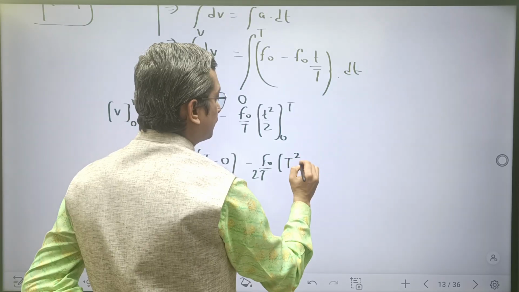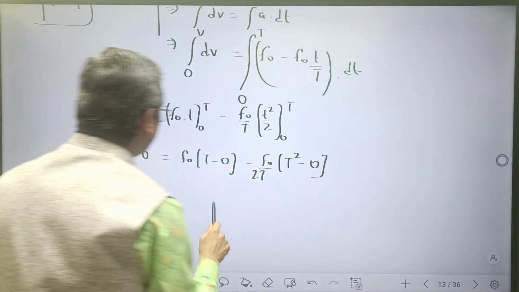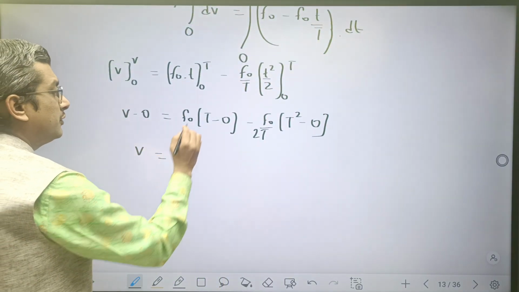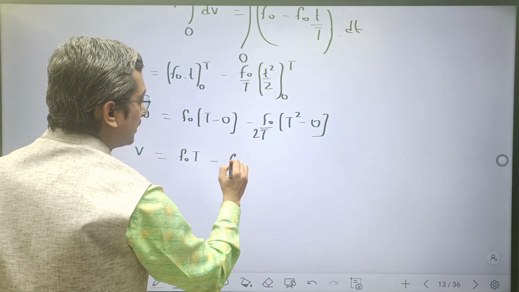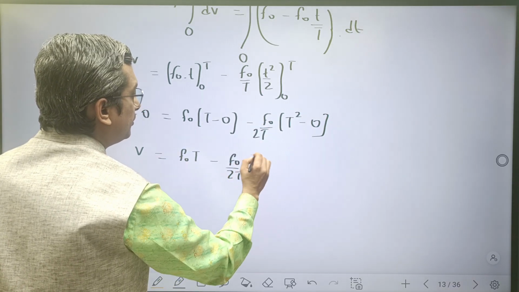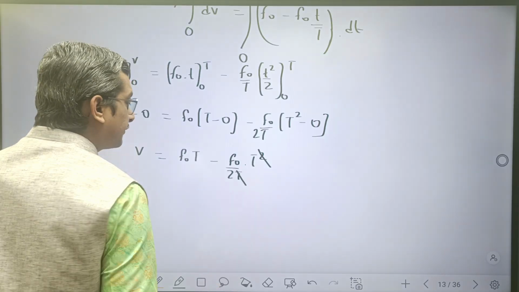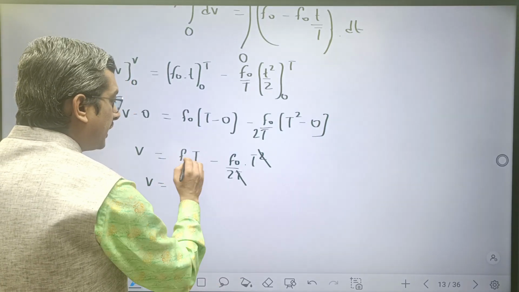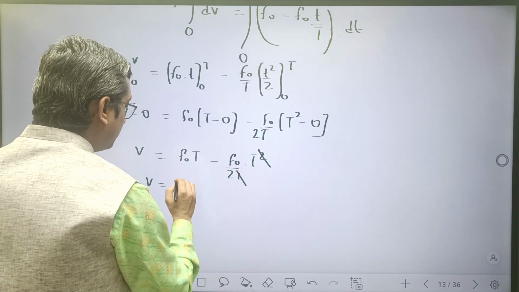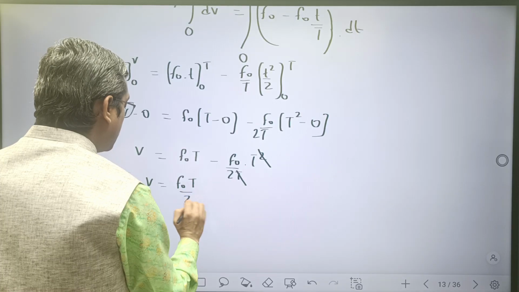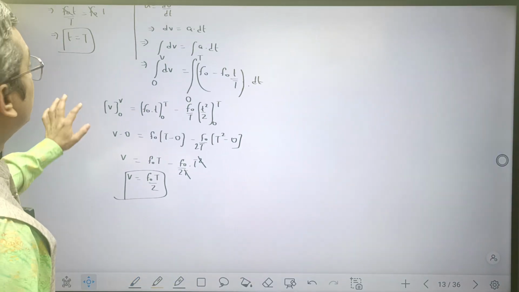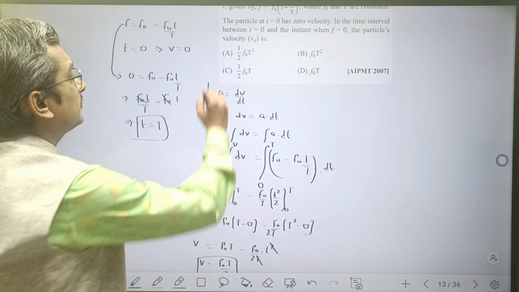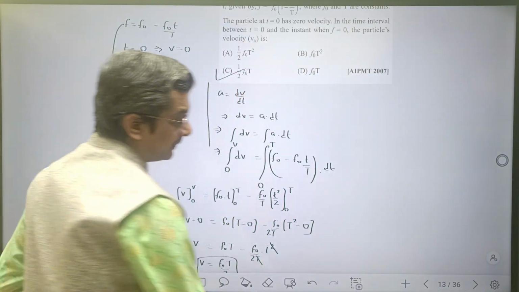Here it is T square minus 0. So here you will get v is equal to f naught T minus f naught by 2T into T square. So one T gets cancelled, and this is given by f naught T minus f naught T by 2, that is f naught T by 2. So this is the expression, that is f naught T by 2. So the question is option C is the correct.